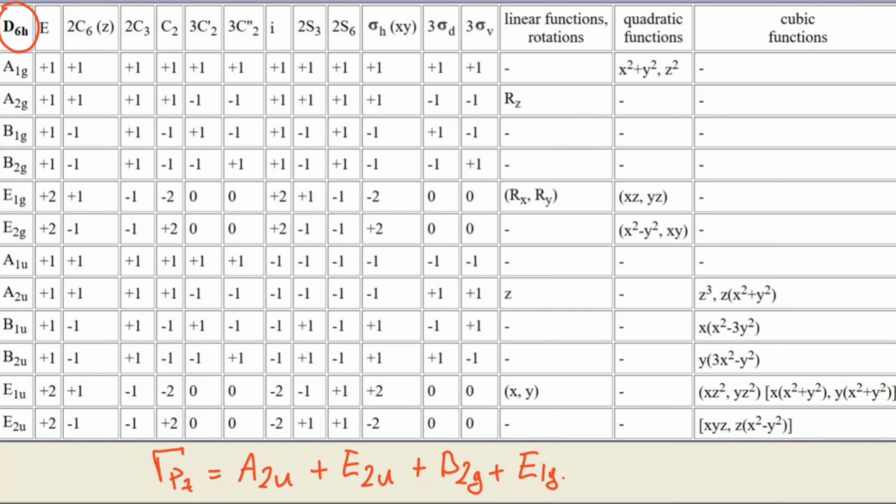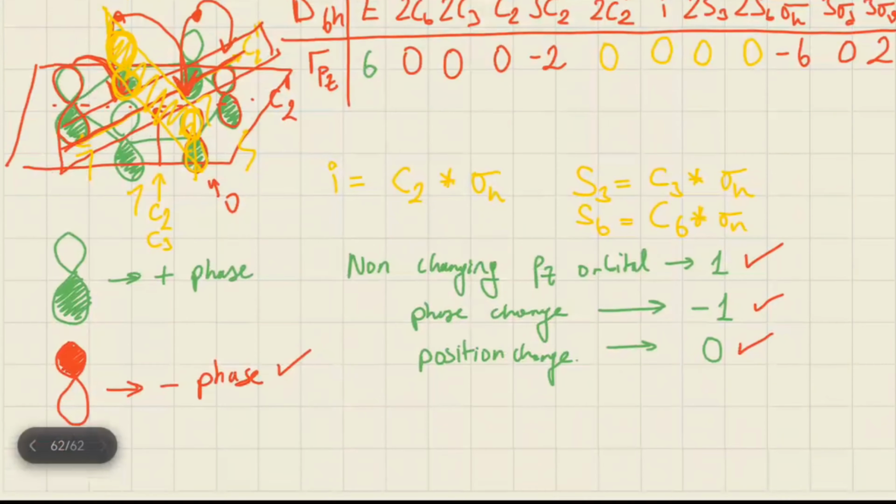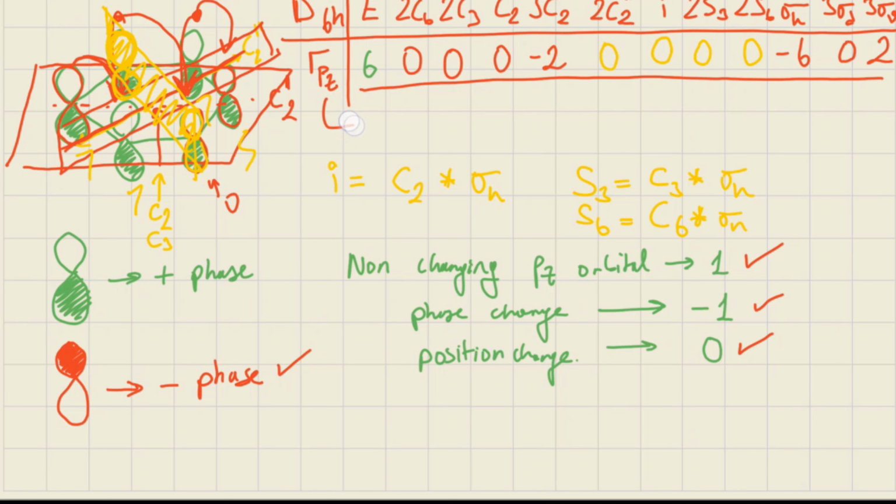So if you sum A2U, E2U, B2G, and E1G in the table, you will find our reducible representation. So this is our reducible representation for PZ orbitals.